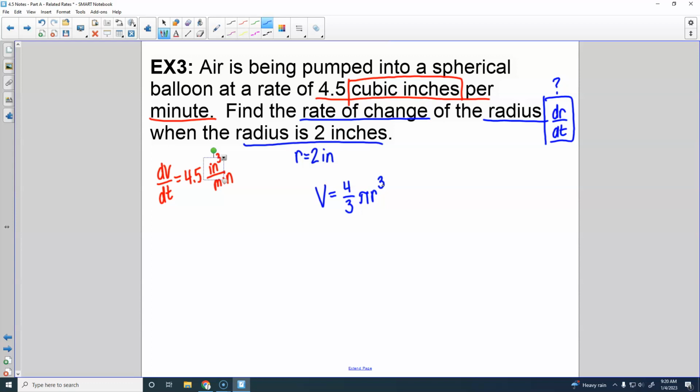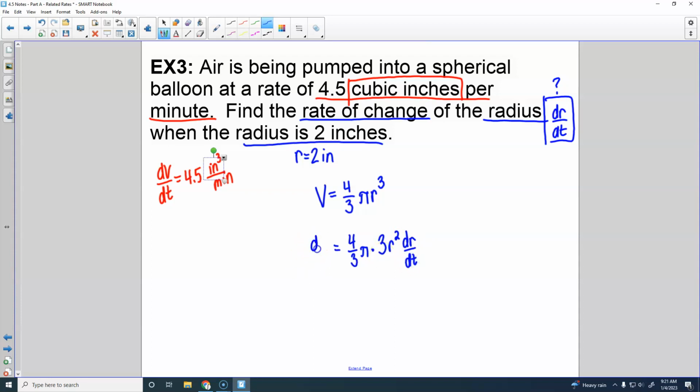So if we have this volume formula and we're looking for dr/dt, we have dV/dt, we need to take the derivative of this. So let's see, Cade, what are we going to get when we take the derivative here? 4/3 times pi times 3r squared. We need one more thing. Good. dr/dt.